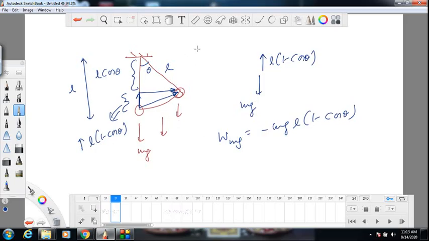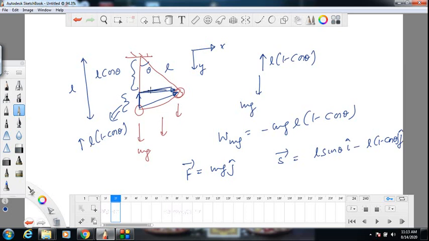If you take this as the x-axis and this as the y-axis, force is given by mg j always, a constant force. Displacement is given by L sin theta i minus L into (1 minus cos theta) j. This length is L sin theta and it is along the x-axis, so L sin theta i.